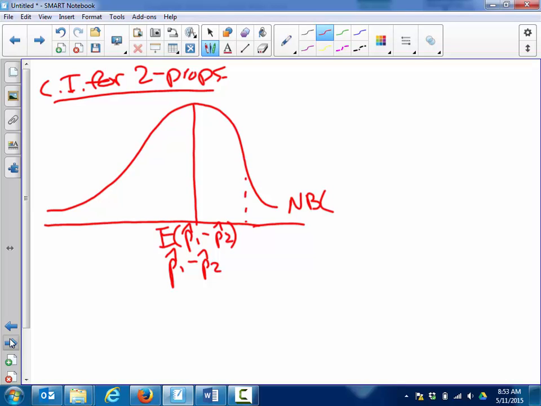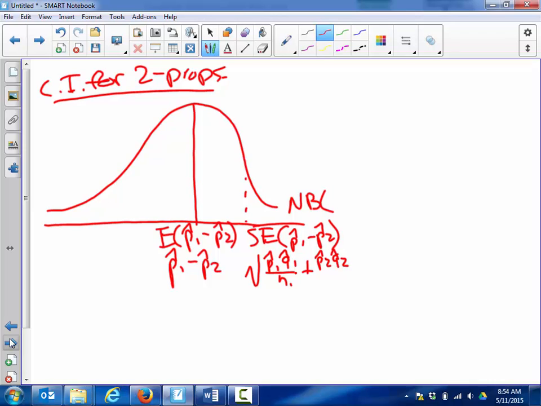That's your best guess as to where the mean will lie. And then your standard error, because you're working with sample data, of P hat 1 minus P hat 2 is just the square root of P hat 1, Q hat 1 over N1 plus P hat 2, Q hat 2 all over N2, okay? With your conditions being the exact same as last slide.